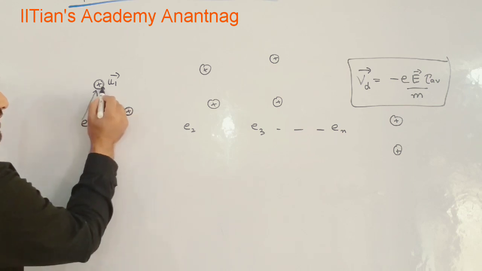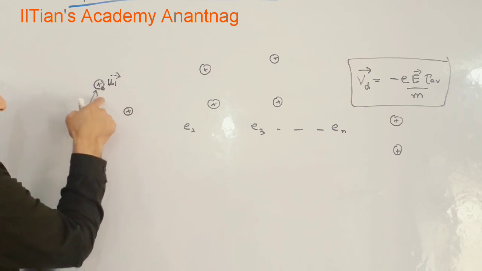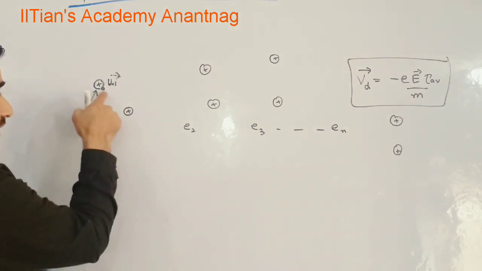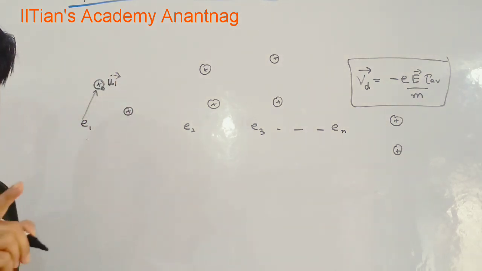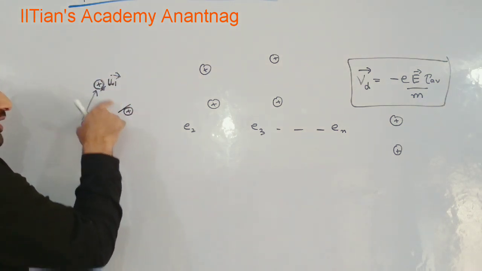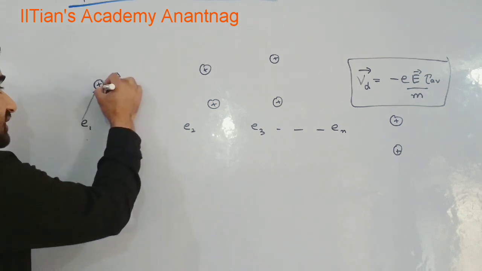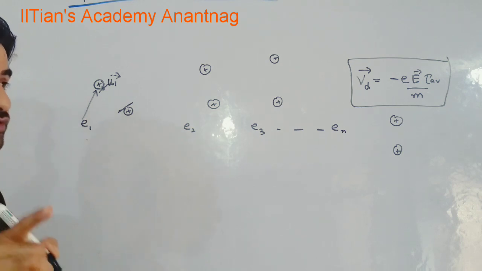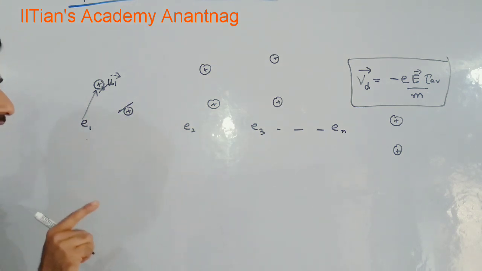Now suppose the electron starts with a velocity u1 here. Now we know that there is thermal motion, but the electron is being accelerated. See, in between two successive collisions there is no collision. From this point to this point there is no collision. The electron is relaxed. Okay, so when I am discussing the motion from this point to this point, I need not take force due to collision into account. I have to take into account only force due to the electric field.